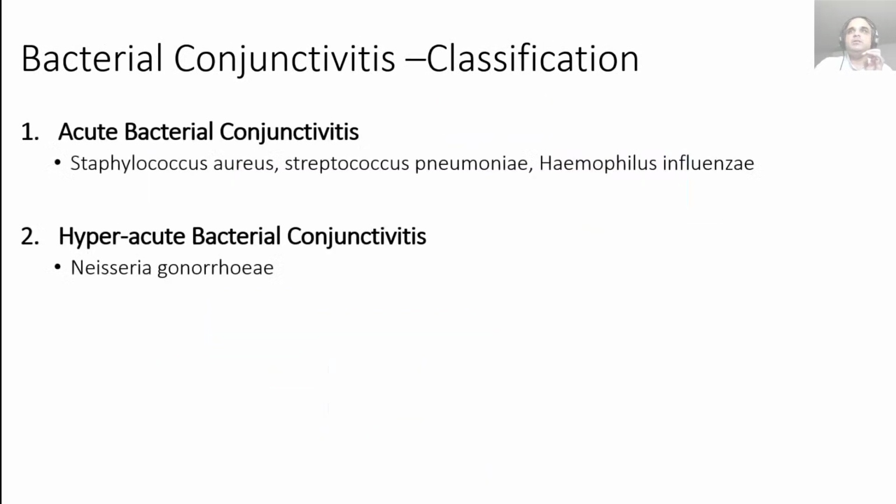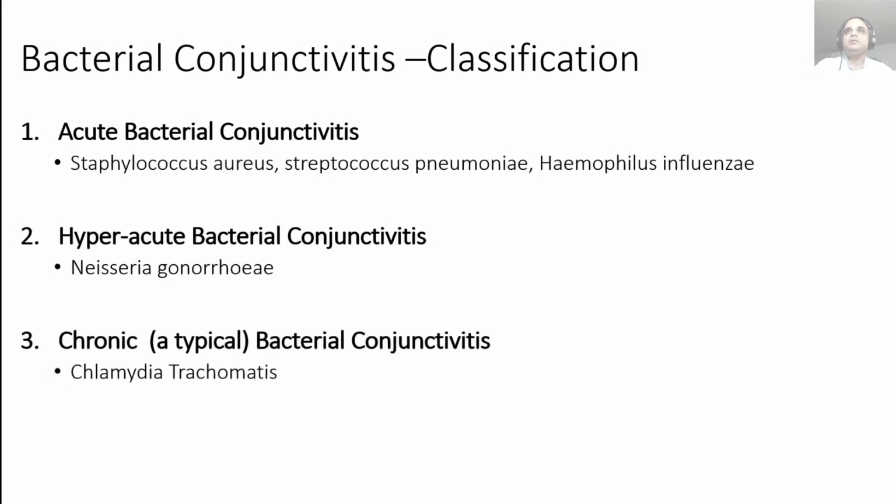Acute is because of the organisms that you're seeing, Staphylococcus aureus, Staph pneumoniae, and Haemophilus. Hyperacute is Neisseria gonorrhoeae. It may be caused by Neisseria meningitidis, but it's very mild. And this is by far the more common of the two organisms. And you can also get a chronic type of bacterial conjunctivitis, which is because of Chlamydia trachomatis.